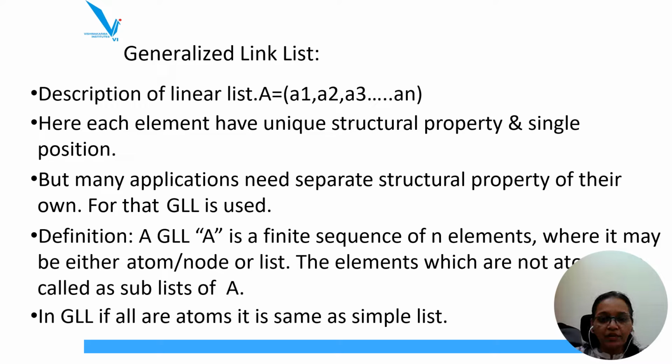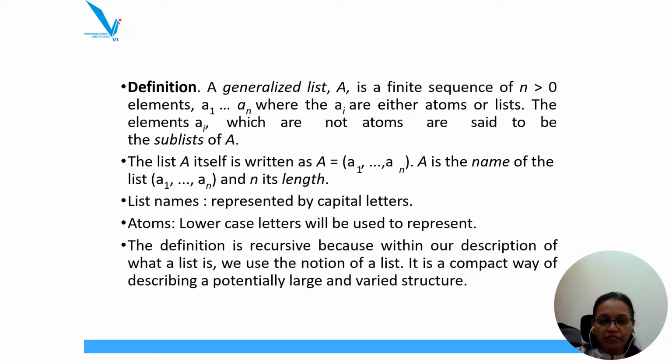But there are many applications where we need every element of a list to be able to have a different property. Then in that case, GLLs, or generalized linked lists, are used. So by definition, a GLL A is a finite set of n elements where each may be either a node or an atom.